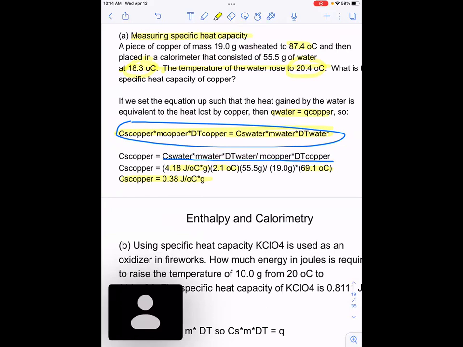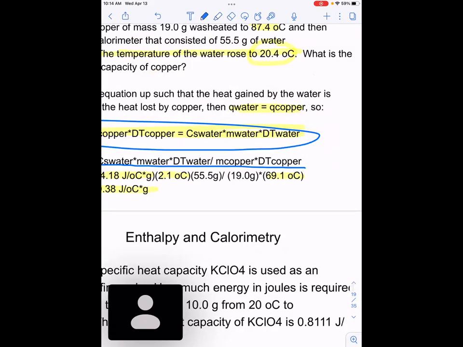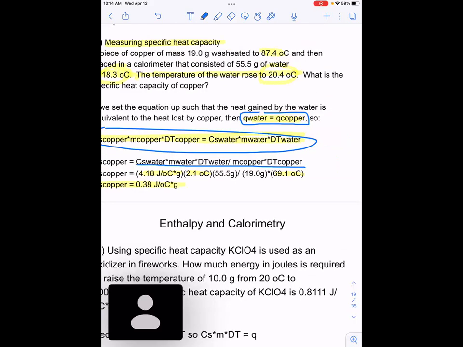So anytime you're given a calorimetry problem like this, normally you're either going to be solving for the specific heat or the change in temperature for one or the other. But the key to understand is the way you set it up.